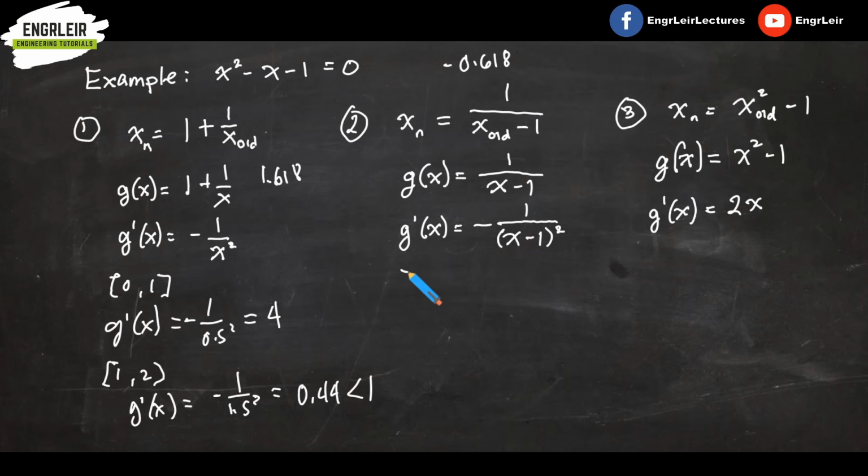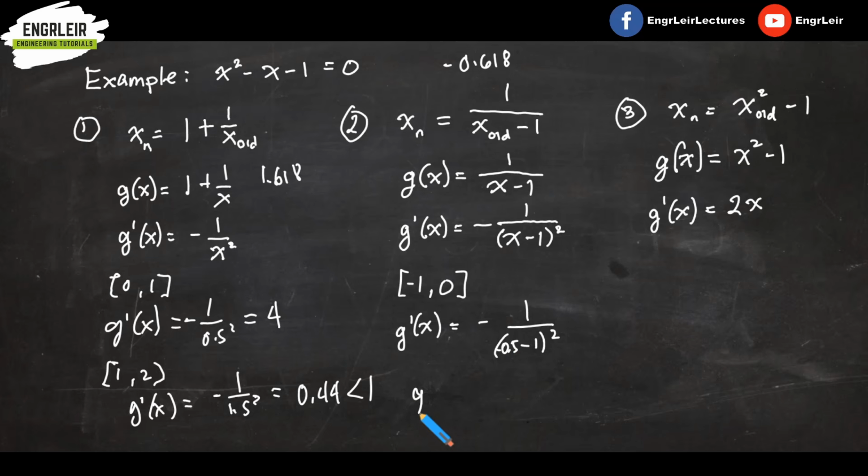So, let's say between negative 1 and 0, mag-converge kaya siya? So substitute mo yung value dito sa derivative. So negative x minus 1 squared. So yung x ay gawin nating negative, let's say negative 0.5.